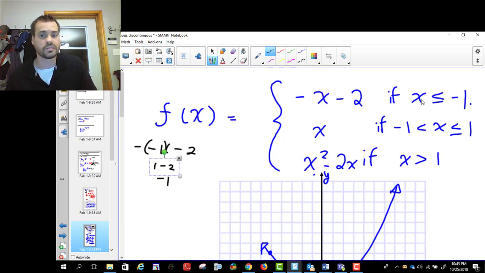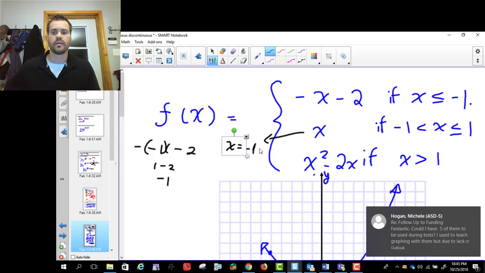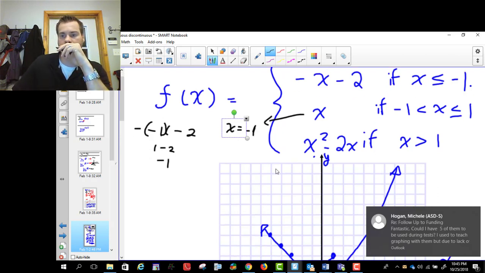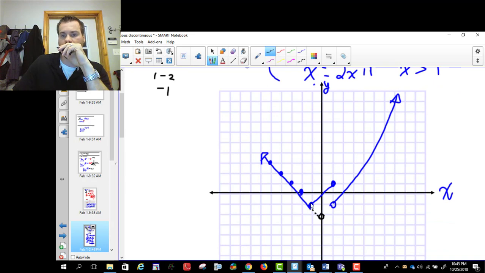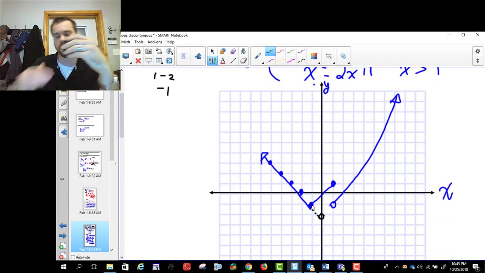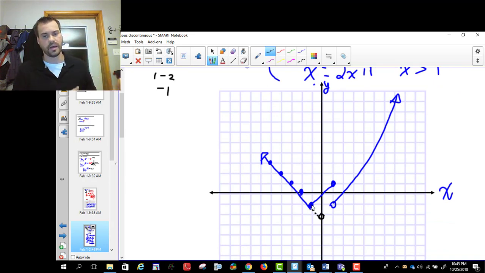So this at minus 1 is minus 1, and this at minus 1 is just x, so it's also minus 1. So what that means is there's no break. There's no difference whether I'm at minus x minus 2 or at x when x is minus 1. They both have the same value. So you'll notice there's nothing bad about that particular point. And then it goes up, y equals x, until it gets to 1.